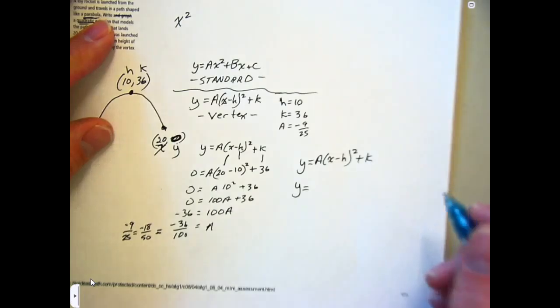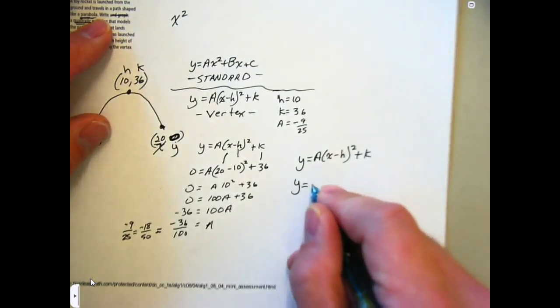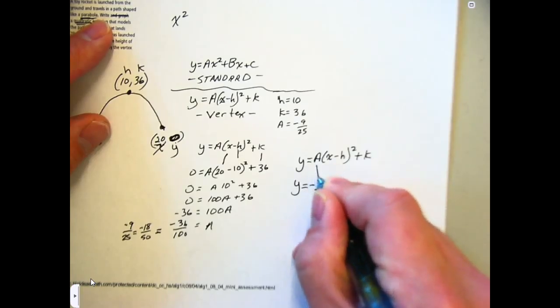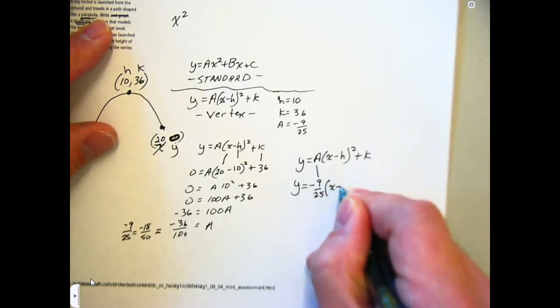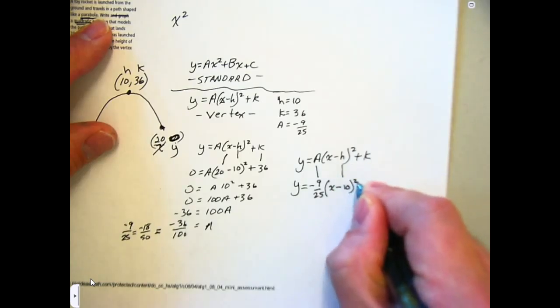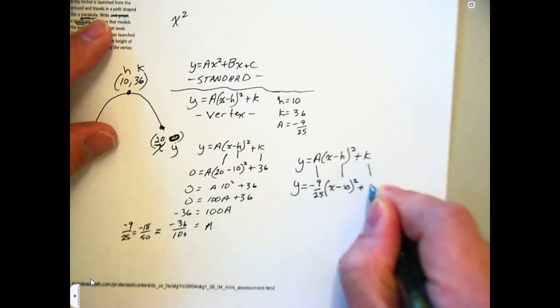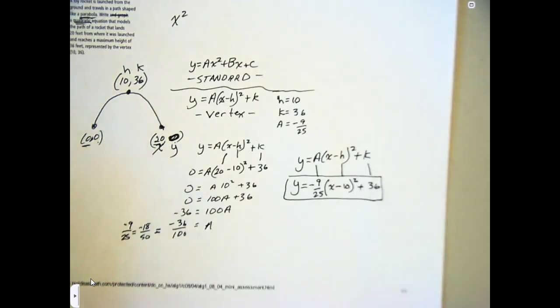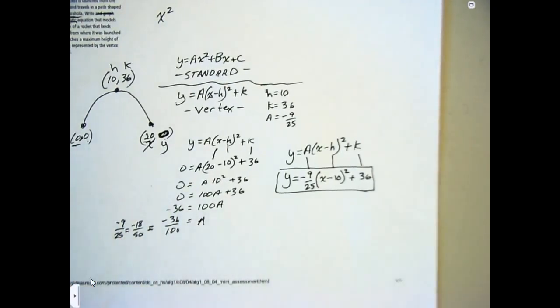Tell your neighbor what you got. Okay, how many got it? All right. That is how you do that. Okay. It's not an easy process, but it is one you should be able to do. Mercedes?